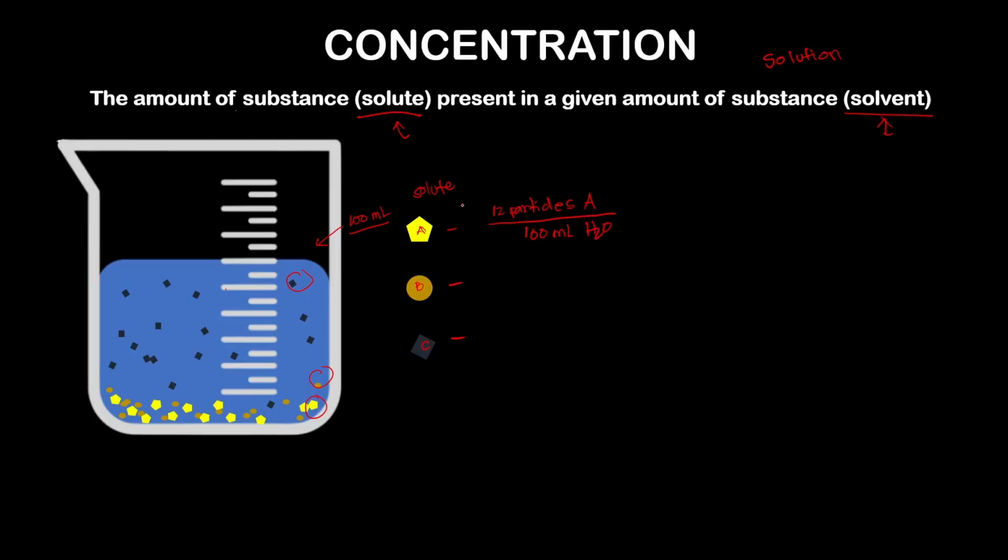This is the concentration of solute A. Then for solute B, we can also count 1, 2, 3, up to 15. So there are 15 particles of B per 100 ml of water.